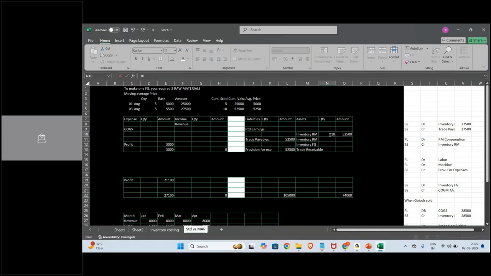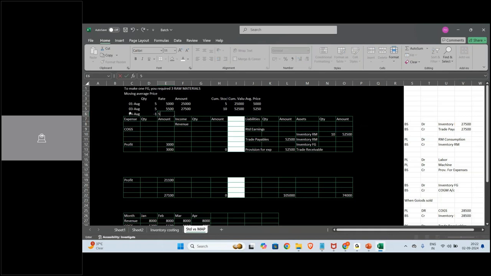Agreed? Now on 4th August you are selling 1 unit. At what price will you take it? You will take it at the moving average price, 5,250.